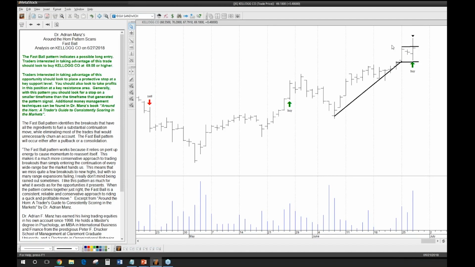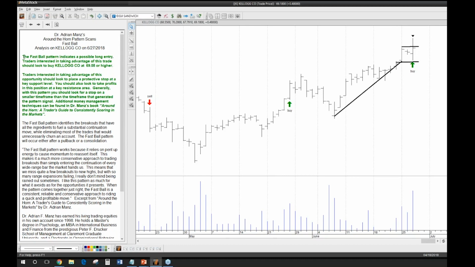Okay, and you'll see right here we had a little bit of a buy. There was a buy generated here, but based on the rules that we just learned, this wouldn't have actually generated a trade. So here we've got the buy pattern. It spells out for us that the Fastball is indicating a possible long entry. If you're interested in taking advantage of this trade, you should look to get into Kellogg Company at about 69.08 or higher.